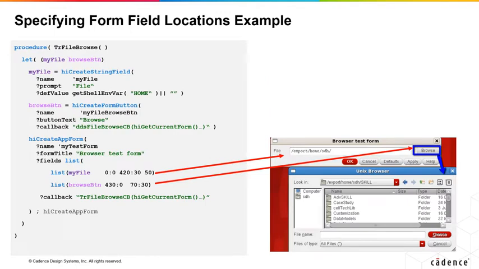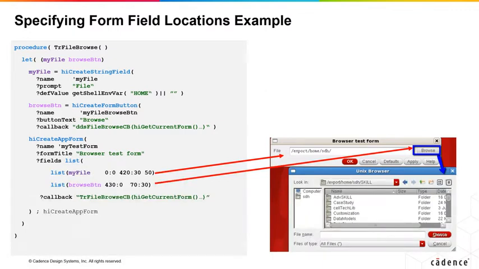Here's an example of specifying form field locations. We basically are creating the browser test form in the graphic on the right. That's the upper form, and we're basically creating a string field and a button. So we have the my file string field and the browser button, and then we're going to create the app form with HI create app form.